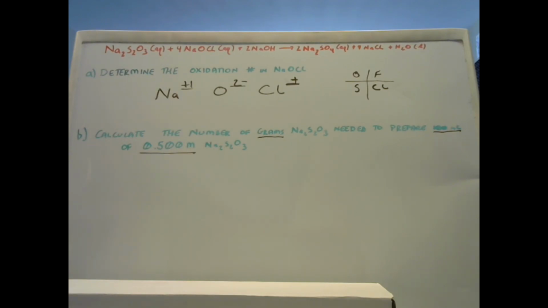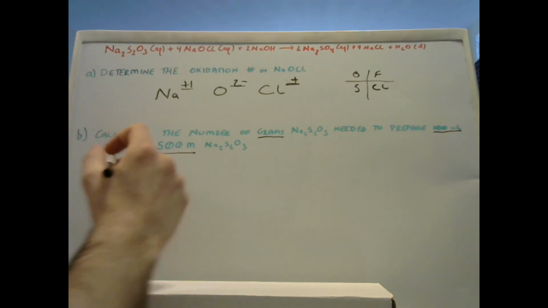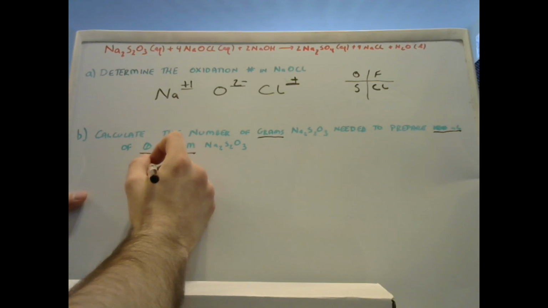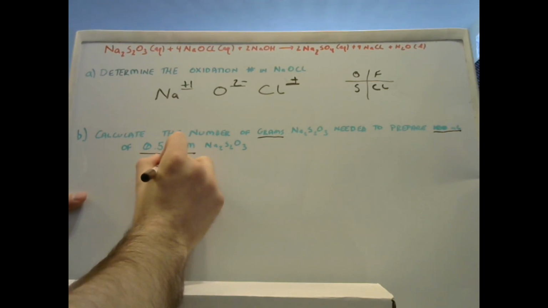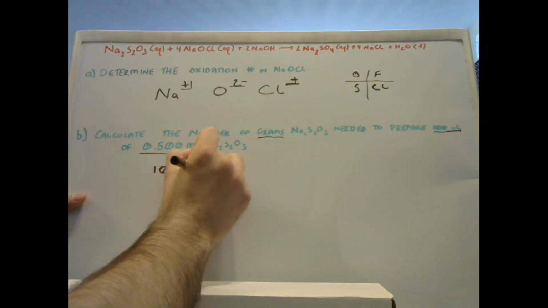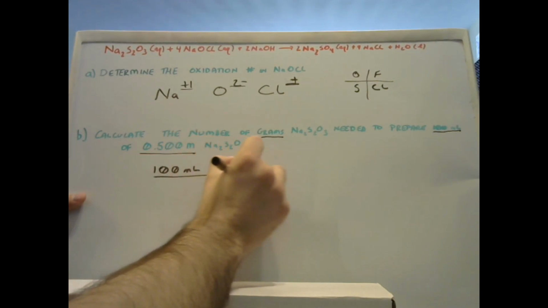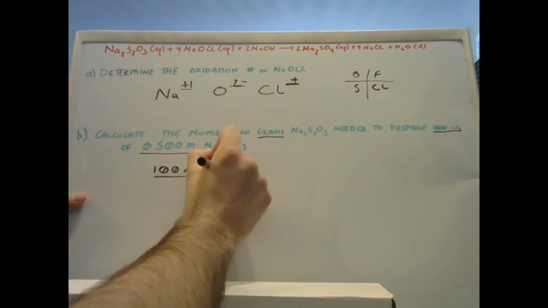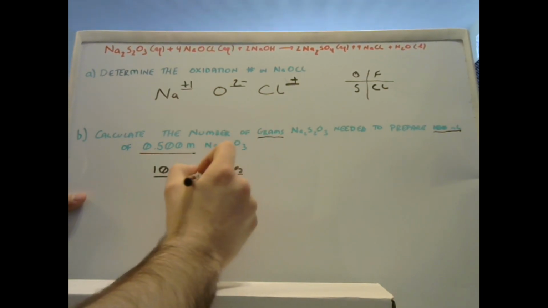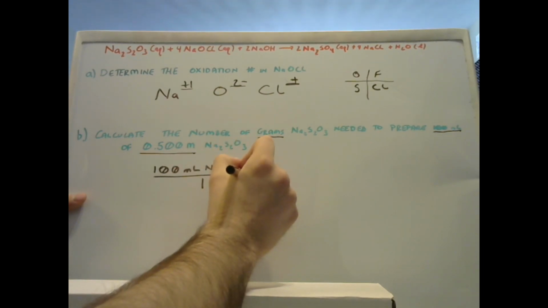We don't have grams itself, and we don't have moles, but we have a way to get to moles, mainly through the molarity. So let's do the math out. We're making 100 milliliters because that's our end goal, what we're looking for. That's where I'm going to end up starting. 100 milliliters Na2S2O3. And if it makes you feel more comfortable, you can put that over 1.